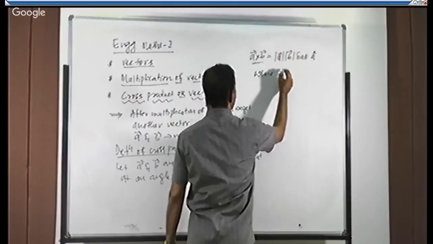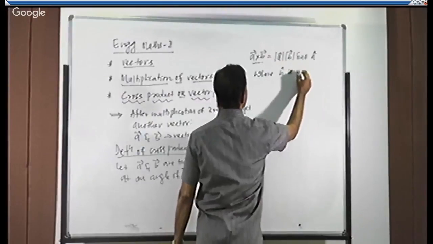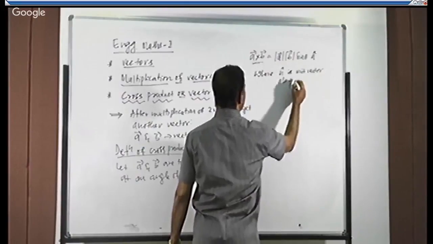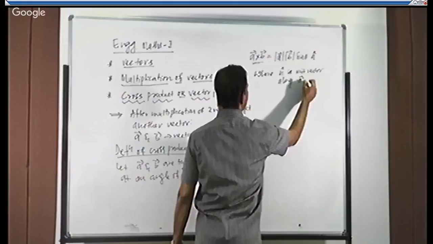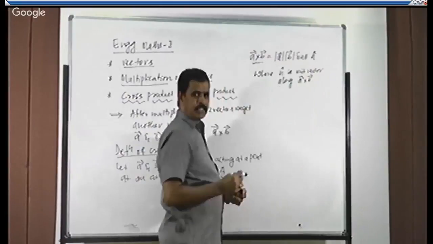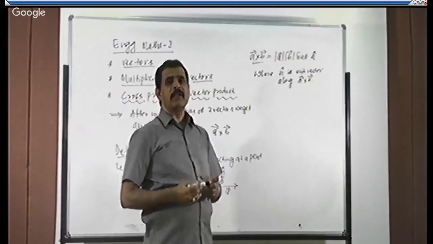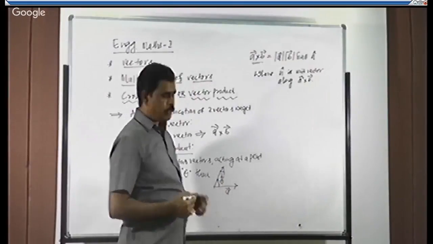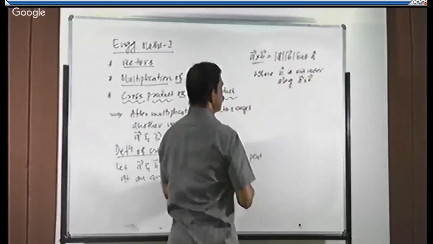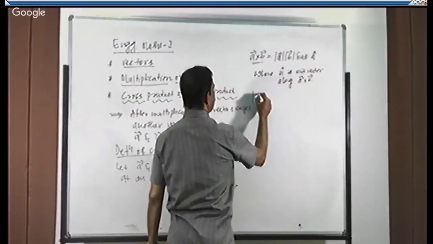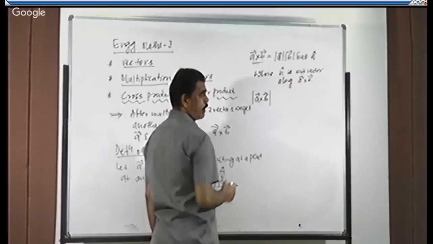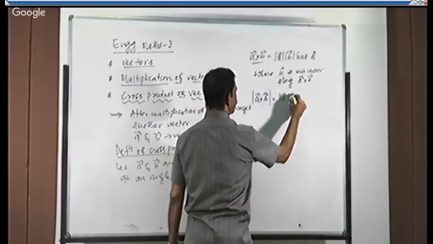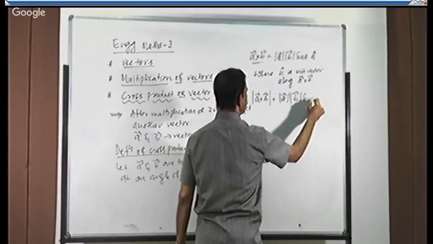See, what is n? n is the unit vector along, or in the direction of, A cross B. The rule says that every vector is always associated with a unit vector along it. So that is n here. If I take the magnitude of A cross B, that is equal to magnitude of A, magnitude of B into sine theta.